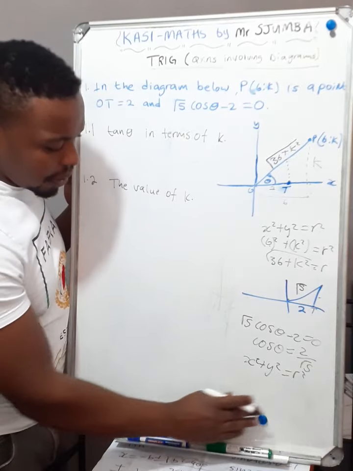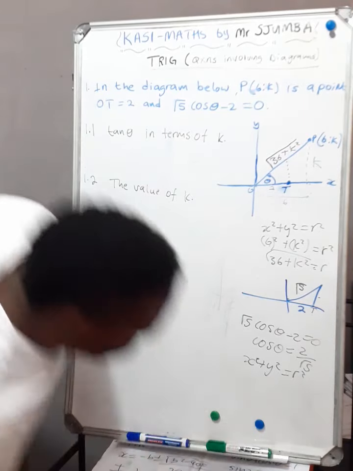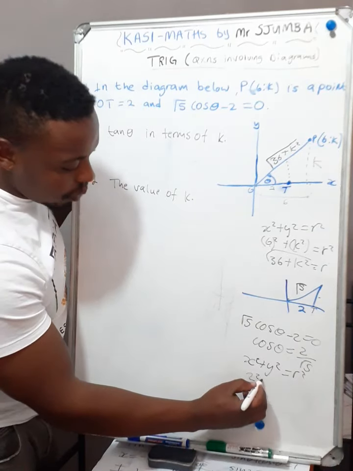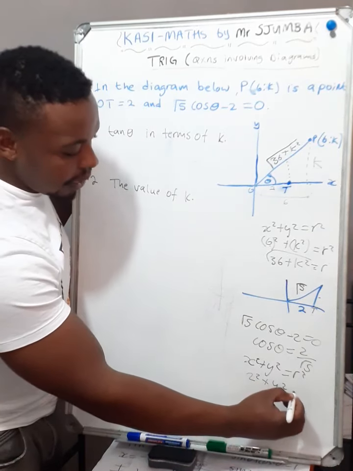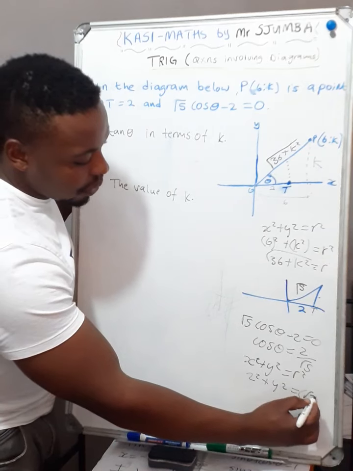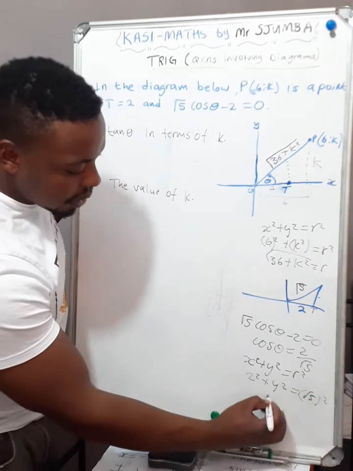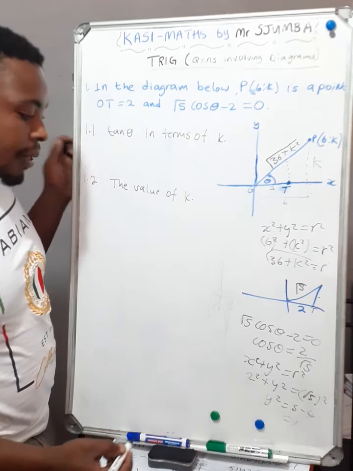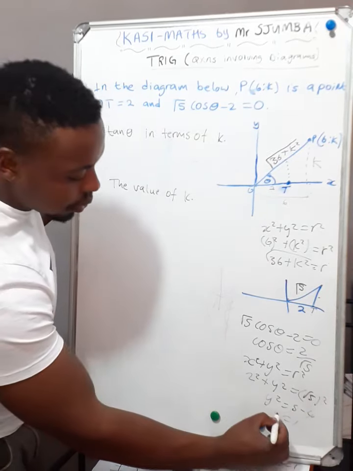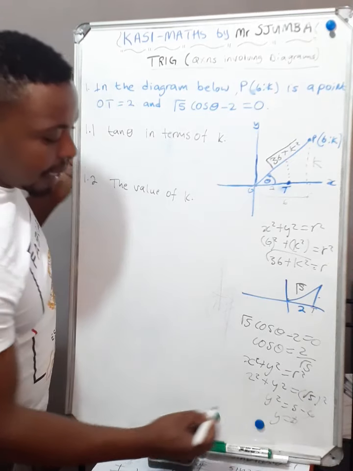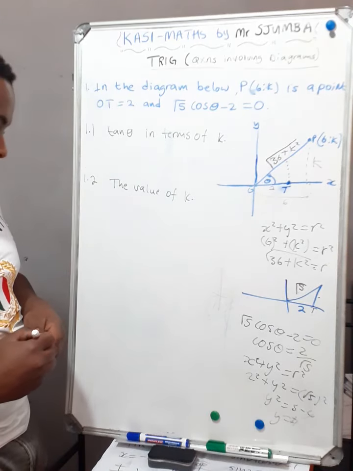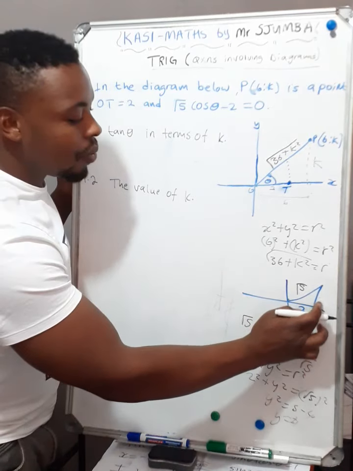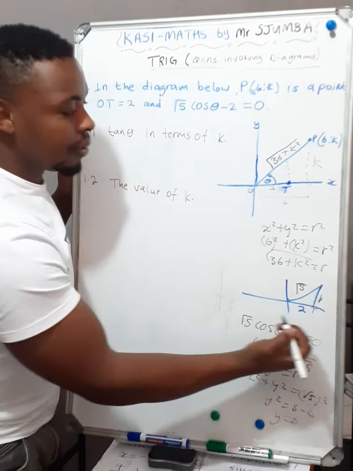Do it fast because it is something we already know. So our x is 2 squared plus y squared, which we are looking for, equals r squared, and our r is root 5 squared. So y squared equals 5 minus 4, which is equals to 1. So y is plus or minus 1. Because we are on the positive side, we choose positive 1.